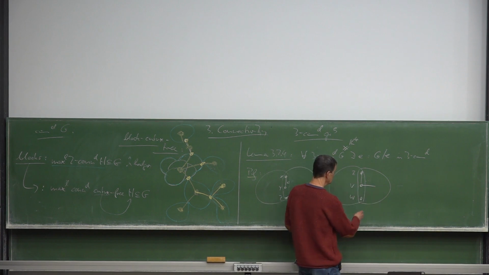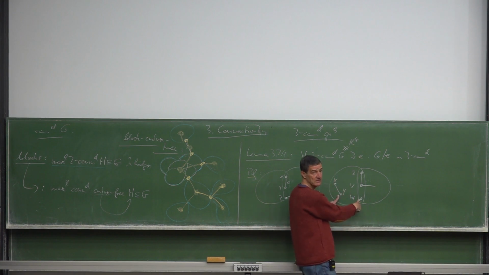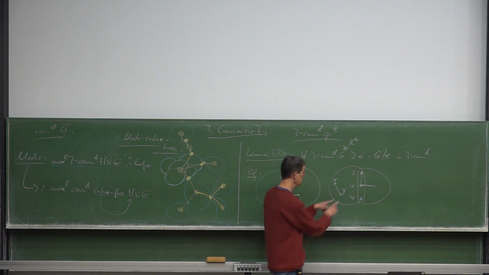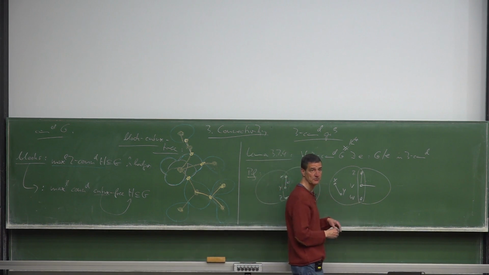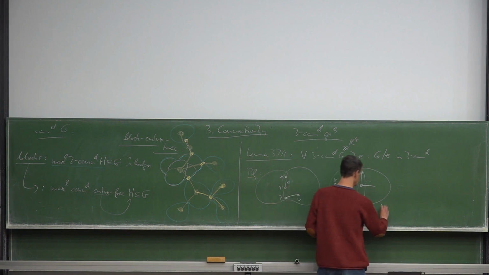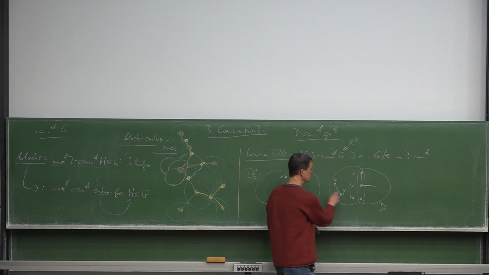So x is maybe here and y, or y might be this, or x might be that. Then they're not z and v, right? x and y are not z and v. But one of them might be this, w. But my point is that we can find a component, let's call that D, that contains neither x nor y.